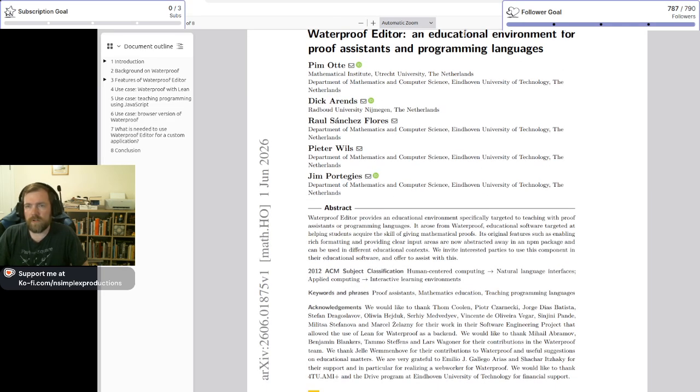Waterproof Editor, an educational environment for proof assistants and programming languages, by Pim Otte, Mathematical Institute, Utrecht University, the Netherlands, Dick Arends, Radboud University, Nijmegen, Raul Sanchez Flores, Department of Mathematics and Computer Science, Eindhoven University of Technology, along with Pieter Wils and Jim Portegies of the same.